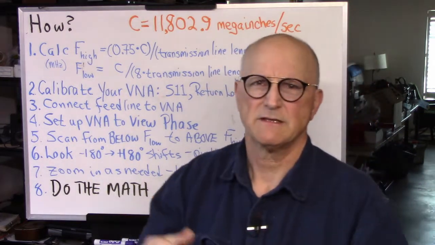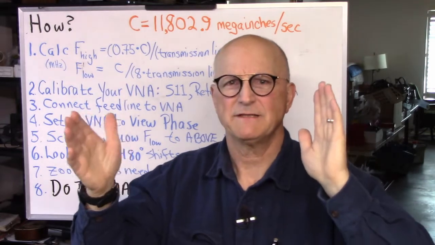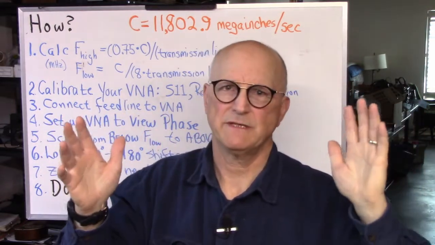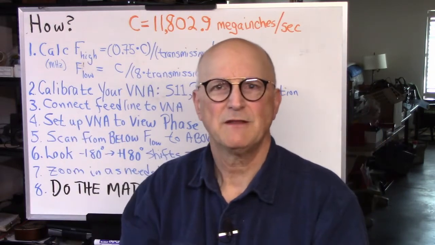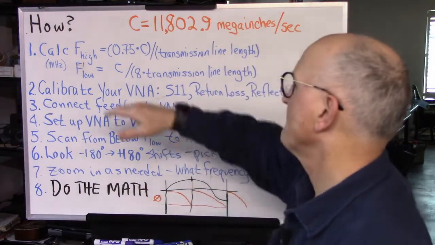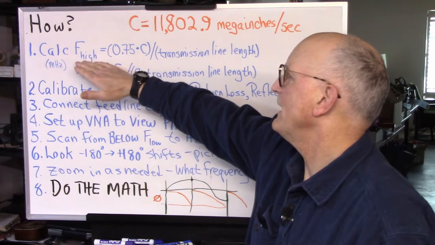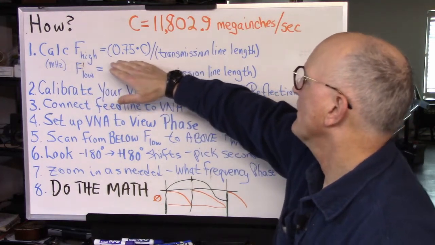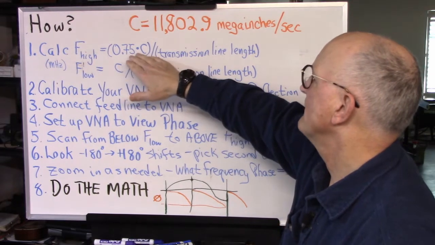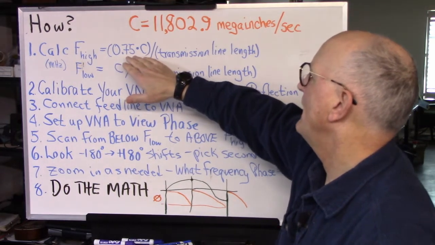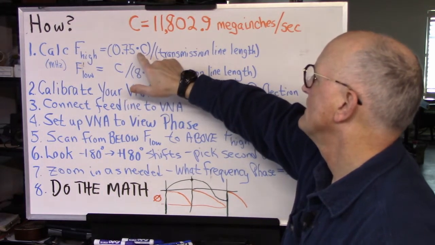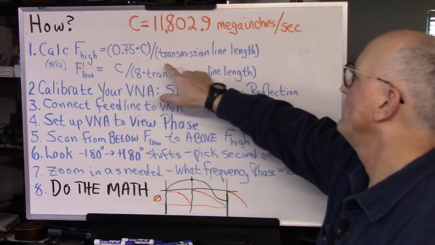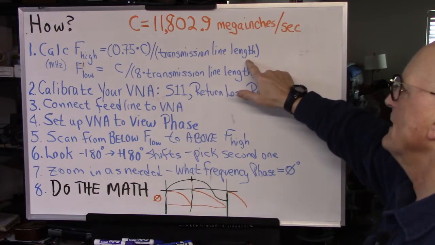But if you'd like some good guidelines as to what is the minimum frequency and what is the maximum frequency to speed things along in your process, you can calculate the highest possible frequency with this formula here: 0.75 times the speed of light in free space, all divided by the transmission line length.